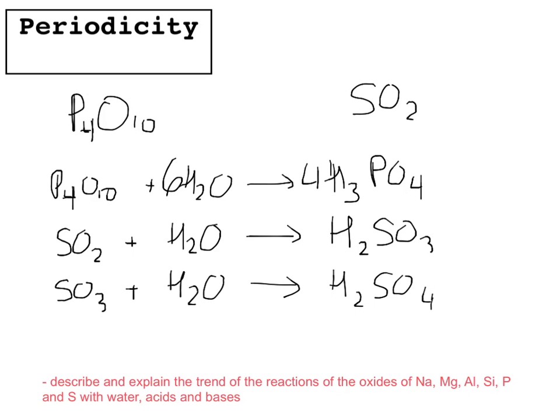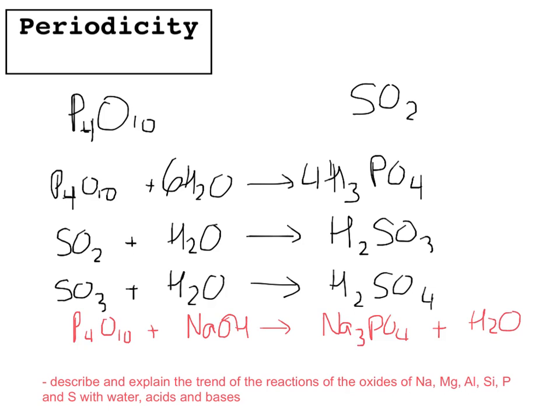When these compounds react with alkalis, you'll make the salt and water. So I'll just give a couple of examples. For example, if we had P4O10 reacting with NaOH, you would make sodium phosphate, which is Na3PO4, and water.